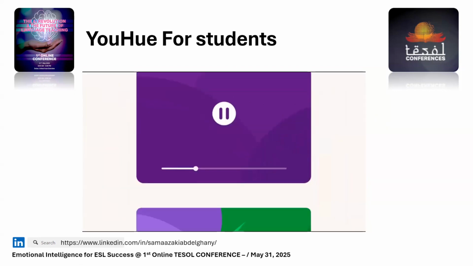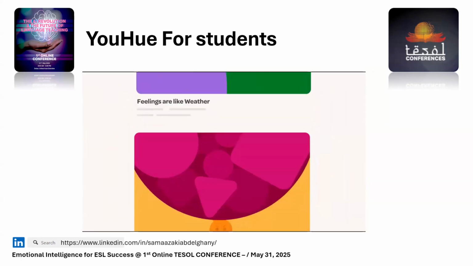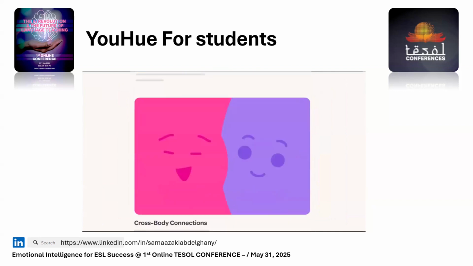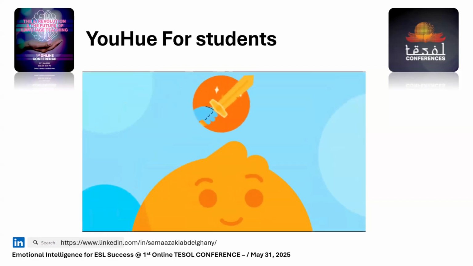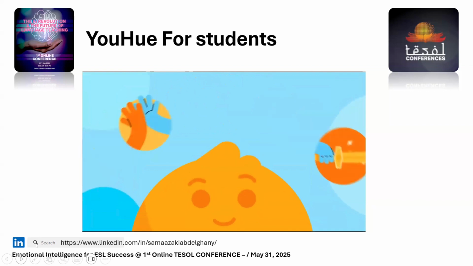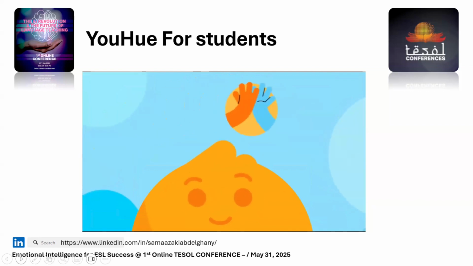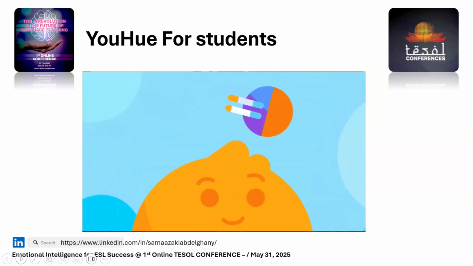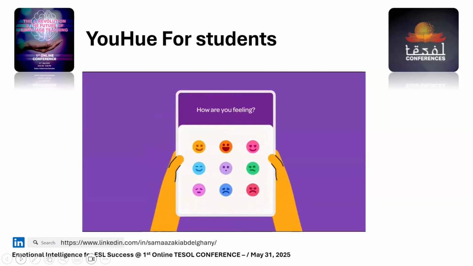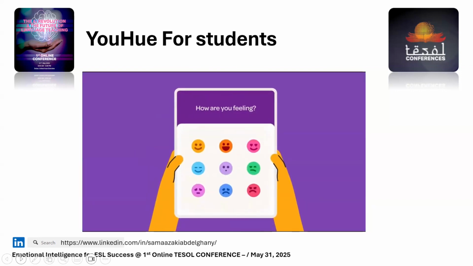These activities can help you feel better, relax, or focus your mind. Now you know all about YouHue. So, let's get started. Who knows? You might even learn something new about yourself or discover your new favourite activity. Just open YouHue and ask yourself, how are you?